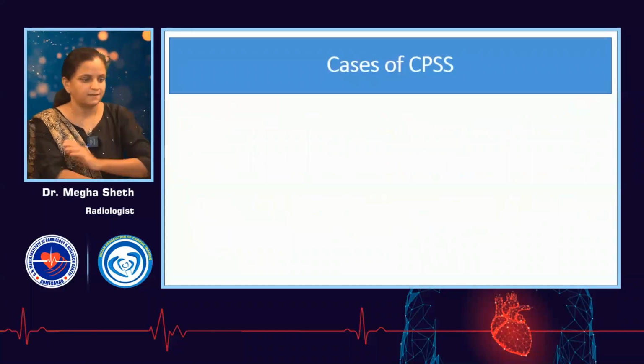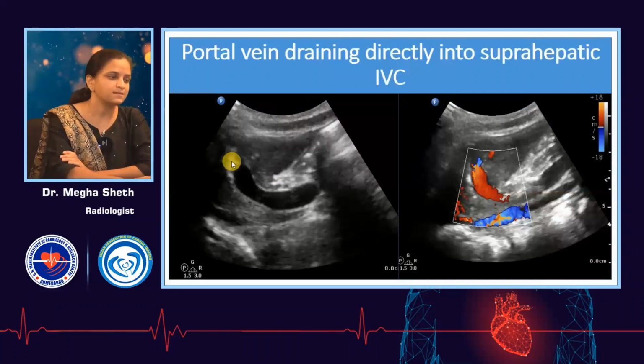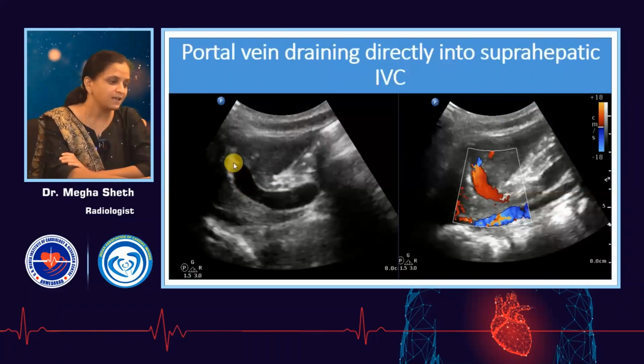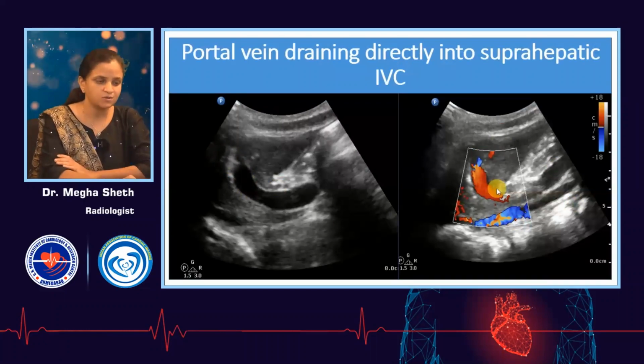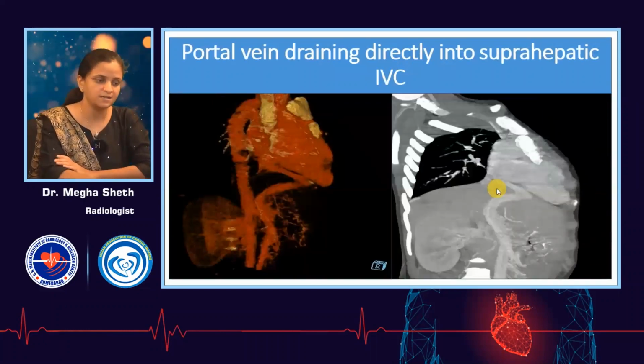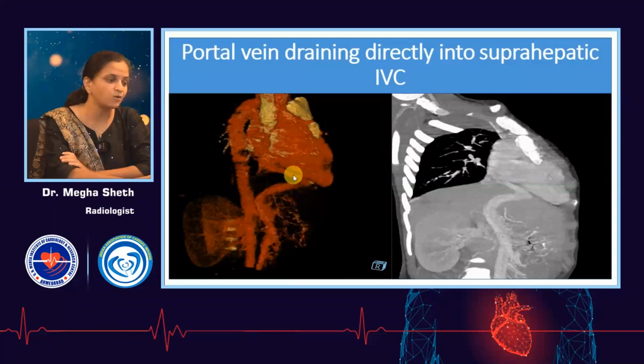Okay, this is an ultrasound image. The portal vein is dilated and the entire pathway is not seen, but it was seen draining somewhere beyond into the IVC, above the surface of the liver. The exact delineation was not seen, so CT was done, and we can see this is the portal vein with a tortuous course and kinking, draining into the suprahepatic IVC.